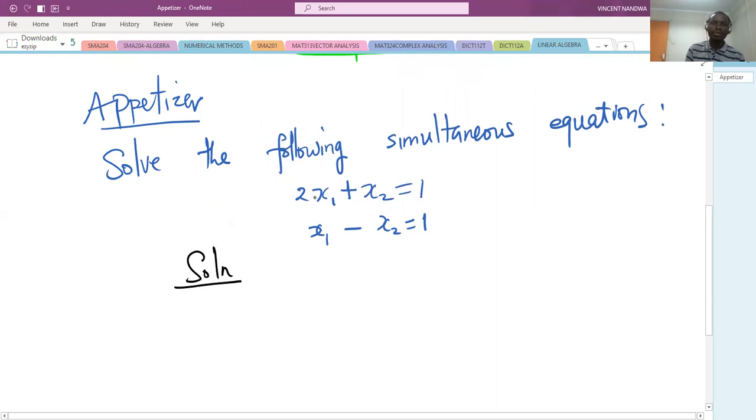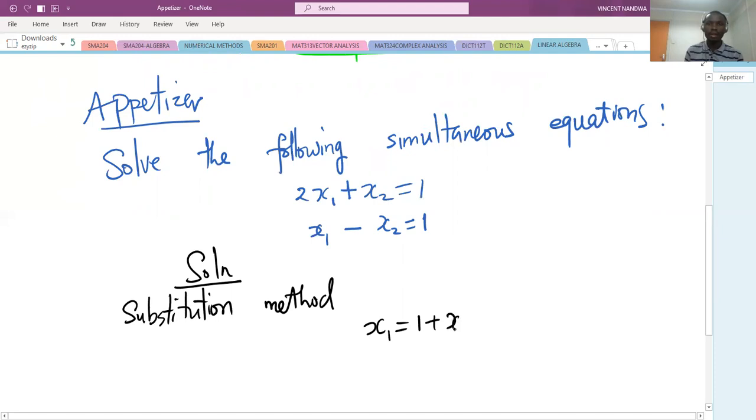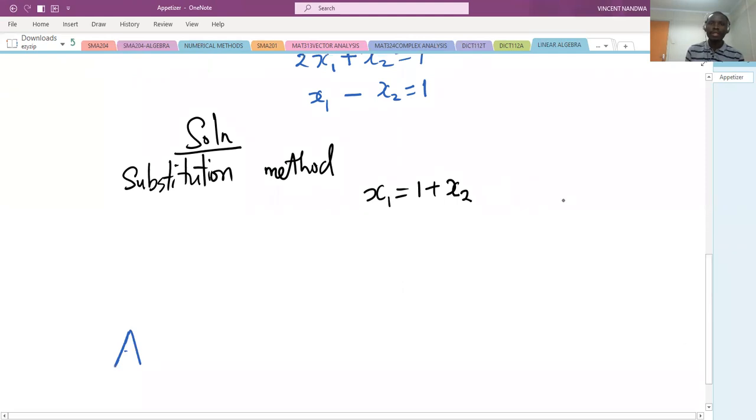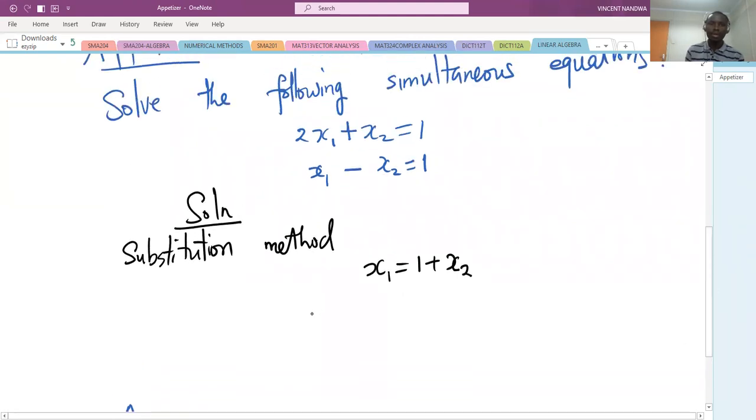If I decide to use the substitution method, then from the second equation, x1 is given by 1 plus x2. When I replace this value for x1 in the first equation, I'll have 2 times (1 plus x2) plus x2 equals 1.